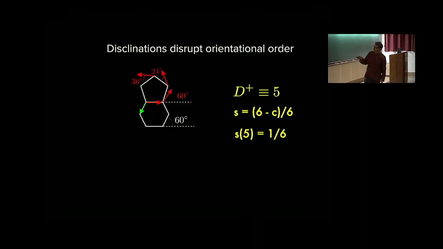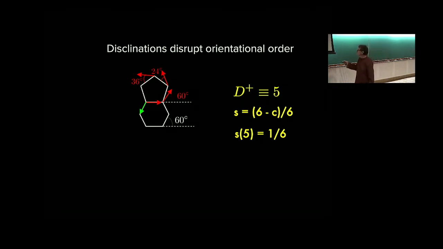Finally, you come back rotated by 60 degrees with respect to where you think you started. This means that your orientational vector, the bond orientation, is fundamentally frustrated. You don't know whether you're pointing here or here. So if you have a gas of these things roaming around, you will destroy any rotational symmetry. The charge of this defect, a five-fold coordinated point, is usually classified by 6 minus the coordination number over 6. So here it will be a 1/6 charge defect.